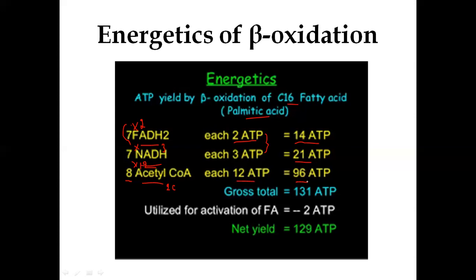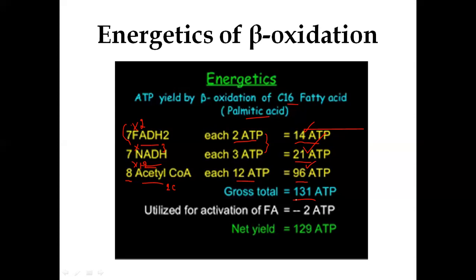Totally, palmitic acid oxidation by beta oxidation releases 131 ATP molecules: 14 from 7 molecules of FADH2, 21 from 7 NADH2, and 96 ATP molecules from 8 molecules of acetyl CoA.